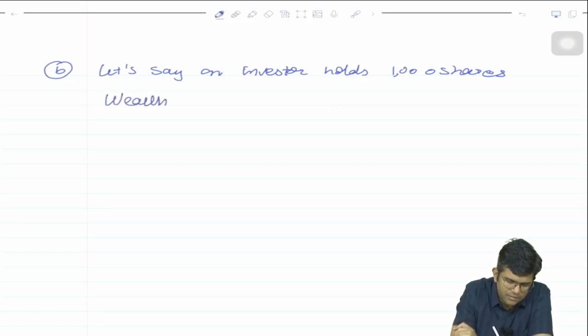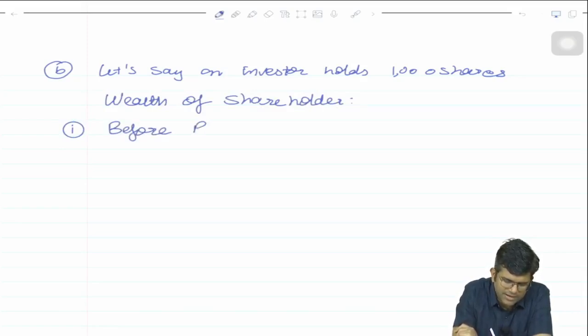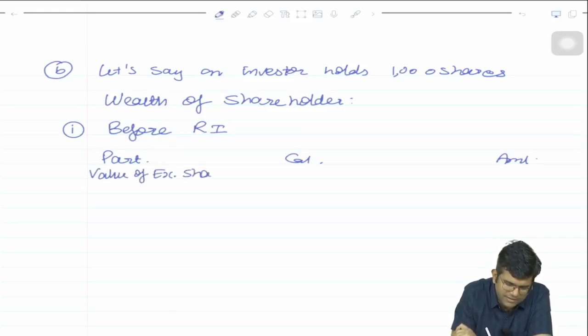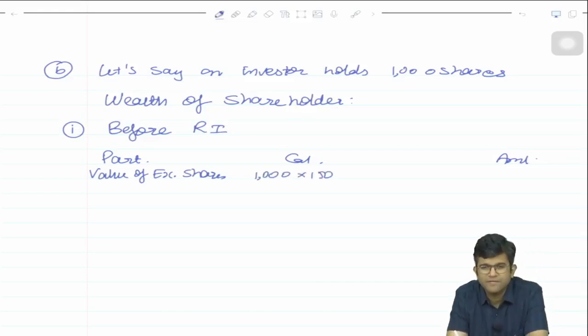Wealth of shareholder before the rights issue. Particulars, calculation, amount: value of existing shares. Can I say 1000 shares he has? Each share is having a market price of 150. So can I say the wealth that he is having is 15,000?